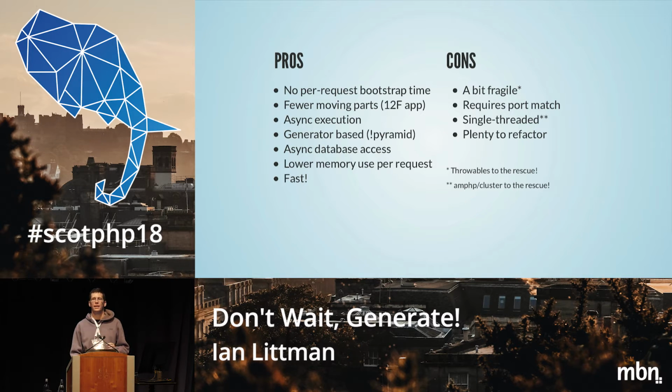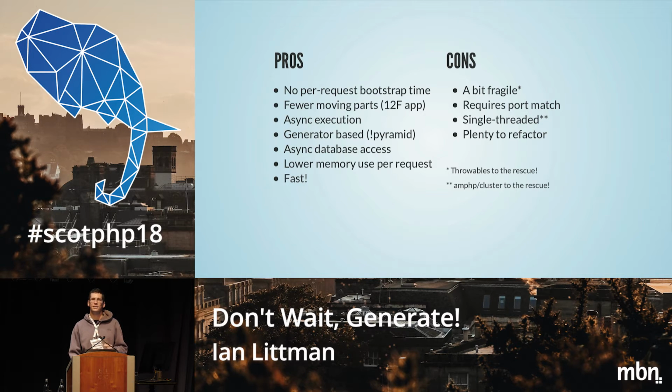Now, the downside is that you're back down to having a single process, which means it's very difficult to use more than a single core. Oh, right, we're in 2018. We have servers with 11 billion cores on them. So now you need to decide whether this makes sense for every application.